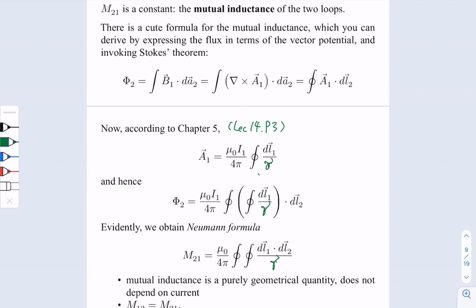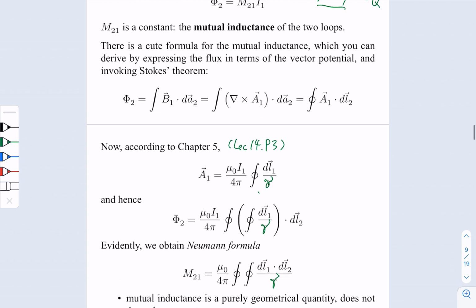Now we get an interesting formula called Neumann's formula. Combining all these coefficients that are in front of this phi 2, the mutual inductance is all the terms here excluding this I1.